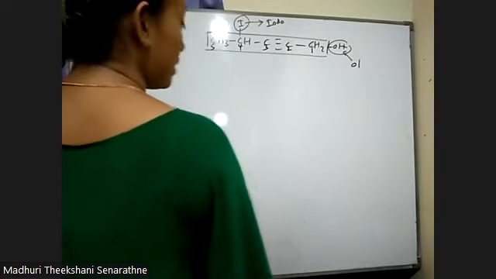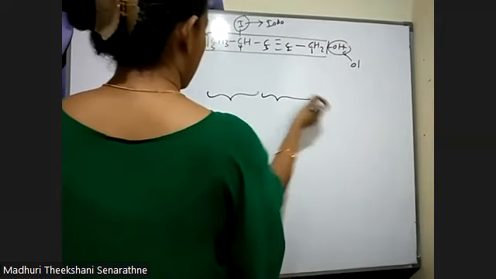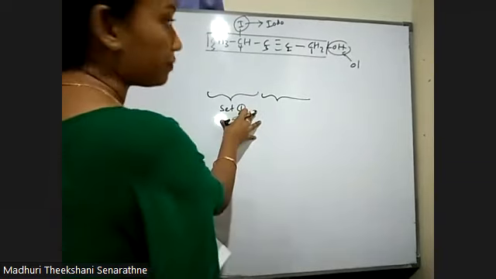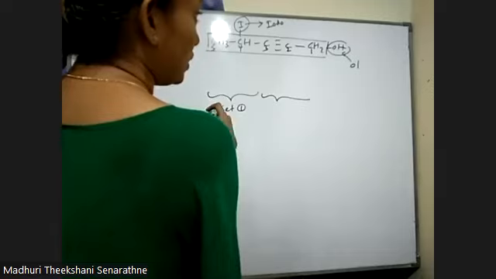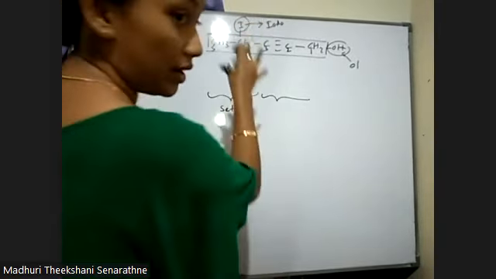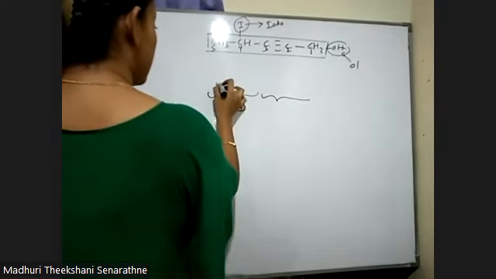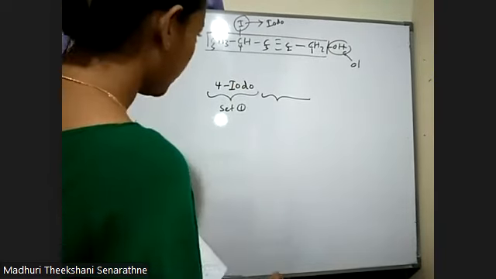How can we name it? First of all, there are two name sets. Name set 1 includes the names of functional groups other than the main functional group. There is only one other functional group. Therefore, the name is iodo.